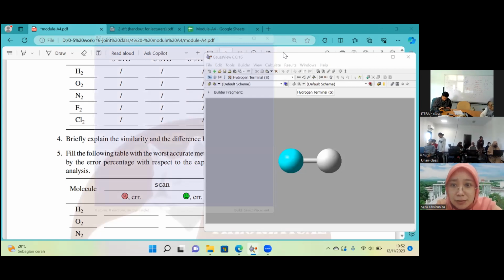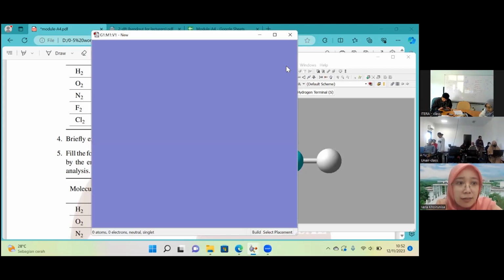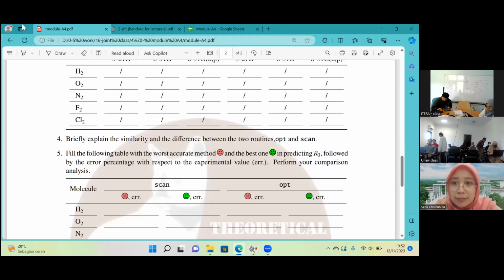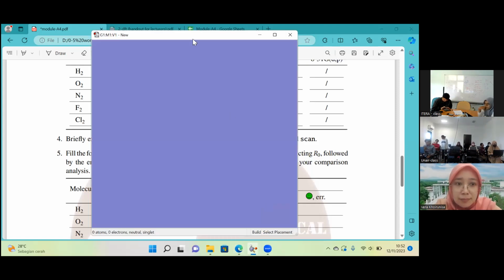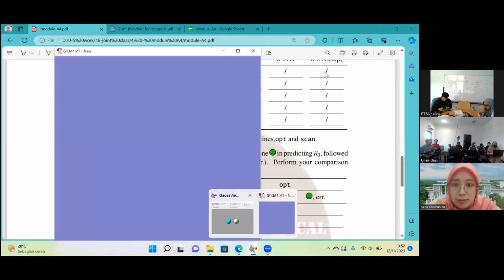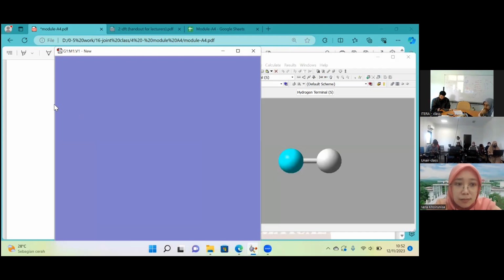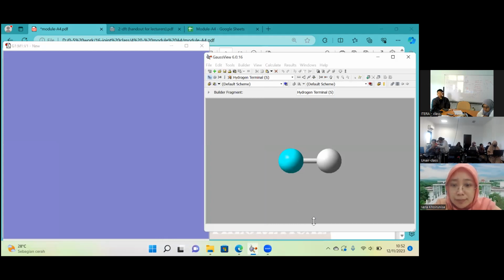So new molecules. Wait, I need to set up this one.